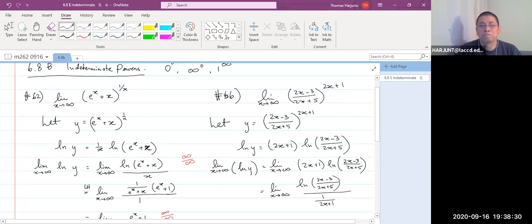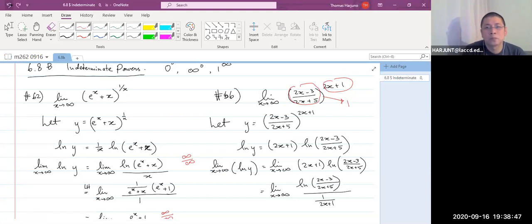Now, by the way, it was an indeterminate form earlier because when x goes to infinity, this guy goes to 1 and this guy goes to infinity. Now, 1 to the infinity is one of the indeterminate forms. That's indeterminate powers, right?